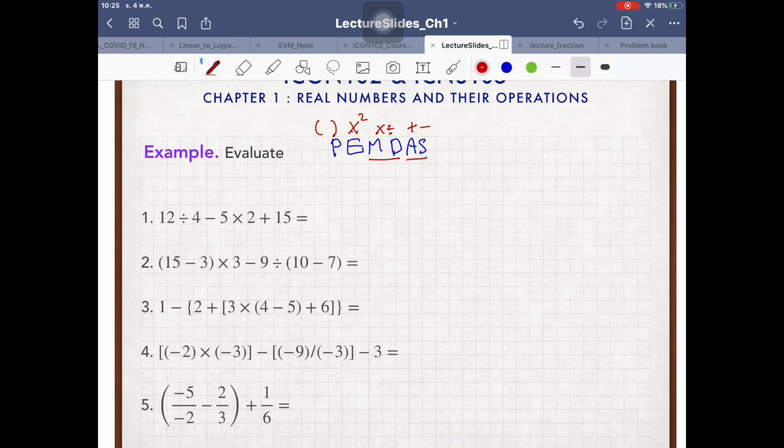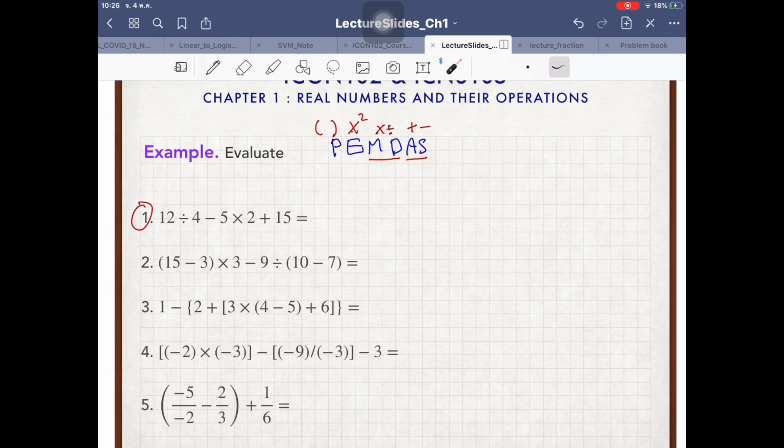So here, let's see the first example. In this problem, we don't see any parentheses, and again, we don't see any exponent term. So here, you just look at the M and D, which is multiply and divide, and then A and S, which is the plus and minus.